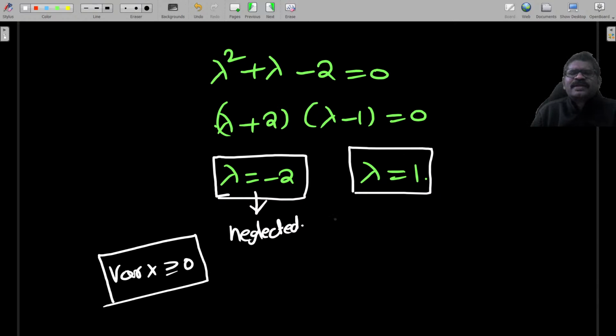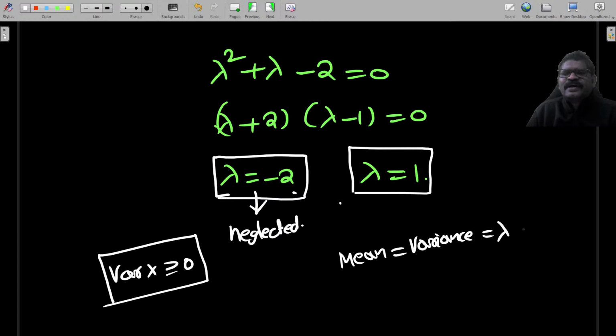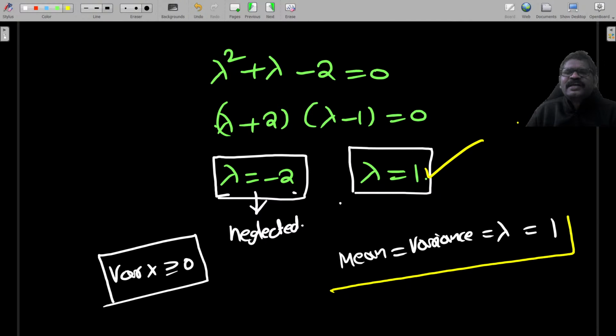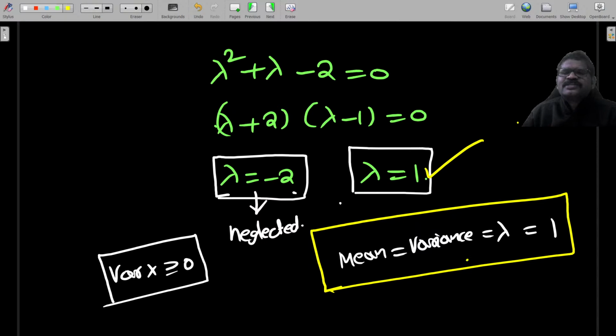In the Poisson distribution, mean equals variance equals lambda, and here lambda value is 1. Understood?